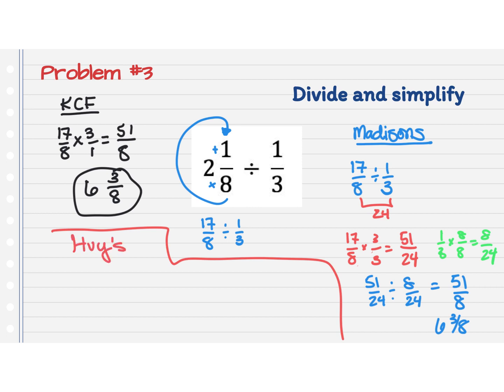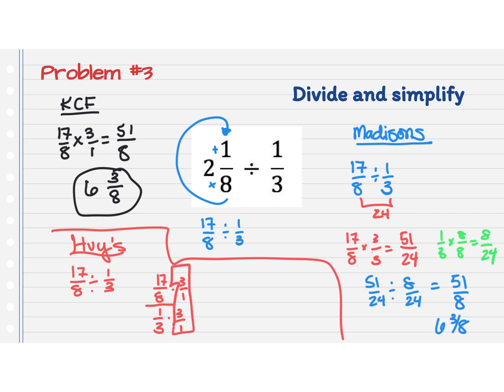Okay, so what I want to do is, again, I have the same around the world, so I end up with 17 over 8, and that's going to be divided by 1/3. So I want to make the new fraction of 17 over 8 and 1/3. I'm going to multiply by the reciprocal, which is 3 over 1, and 3 over 1, and that's my big giant 1 here.